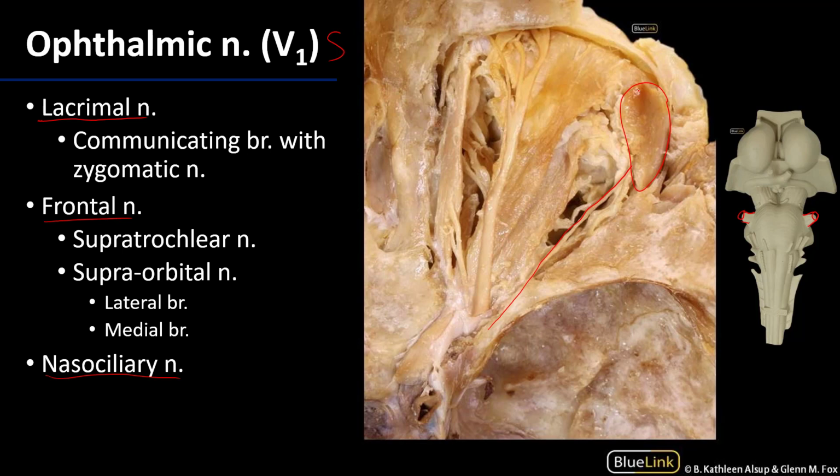It also can transport, via hitchhiking, postganglionic parasympathetic fibers coming from the zygomaticotemporal branch of V2. So these fibers initially are the preganglionics supplied by the facial nerve, cranial nerve 7.